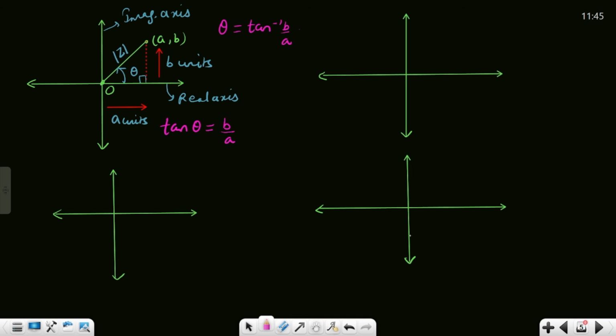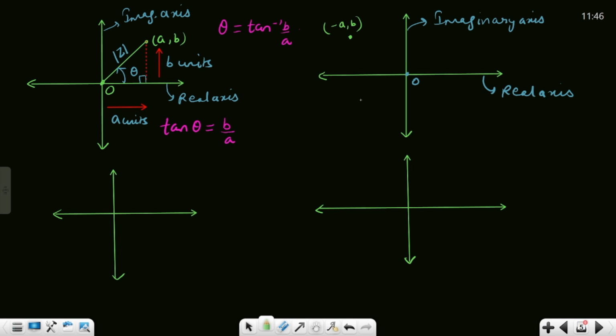If my point a comma b lies in the second quadrant, what will happen? Let's suppose this is our real axis, this is the imaginary axis, and this is our origin. If my point lies in the second quadrant, it will have minus a comma b.